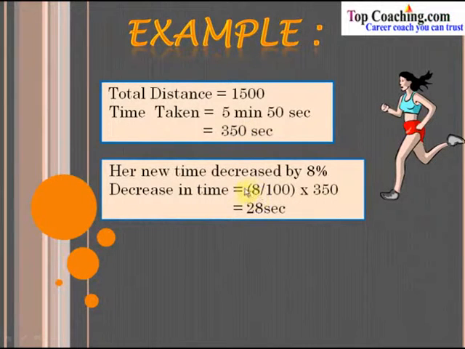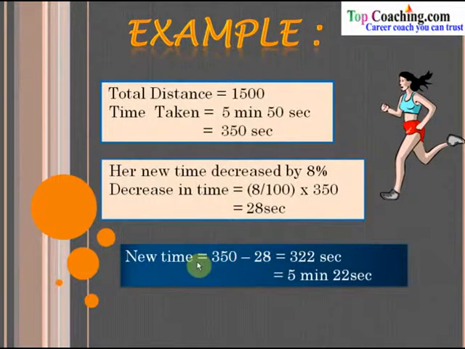So the absolute decrease would be equal to 8 by 100 into 350, which is equal to 28 seconds. Now the new time would be the original time minus the decrease in time. So that would be equal to 350 minus 28, which is equal to 322 seconds. Now if we convert it into minutes, then we get the answer as 5 minutes 22 seconds.